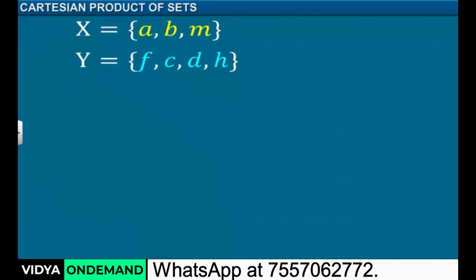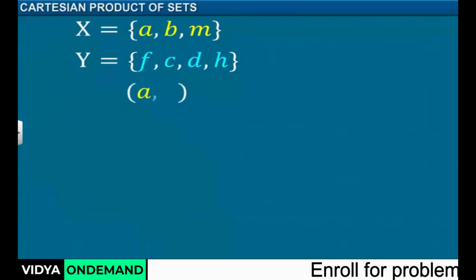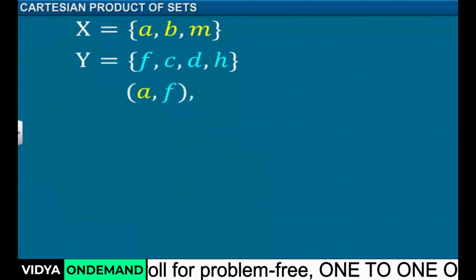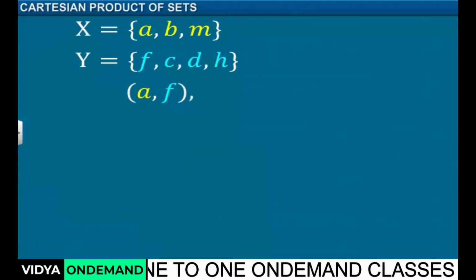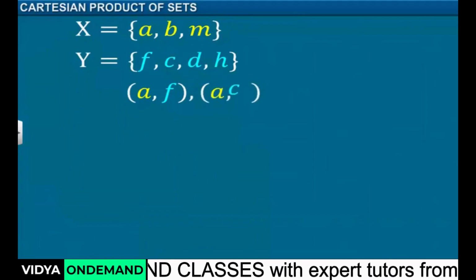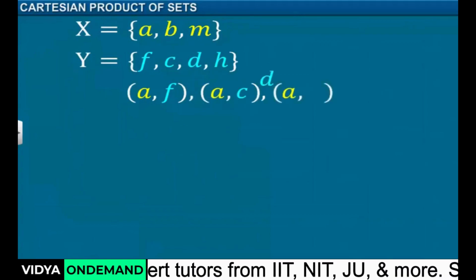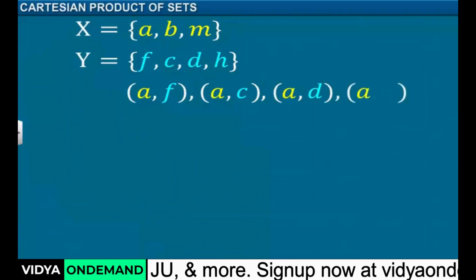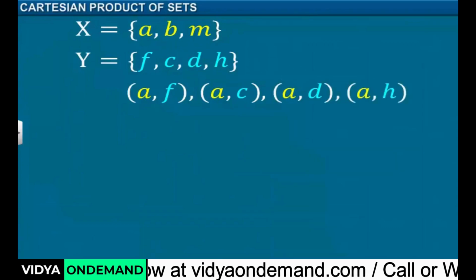Begin by forming an ordered pair from the first elements of each set. Progressively, change the second element of the ordered pair from set Y one by one till they get exhausted, keeping the first element of the ordered pair fixed.